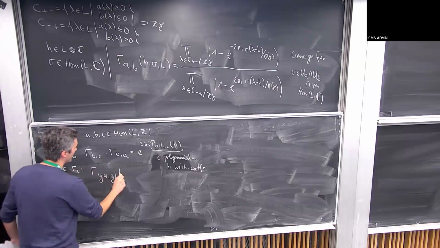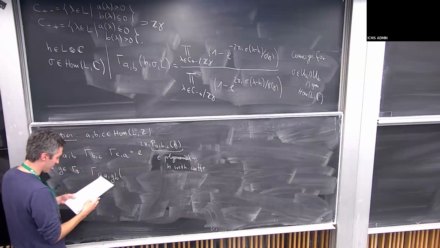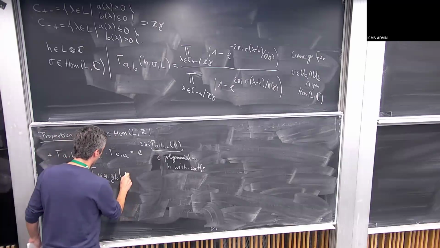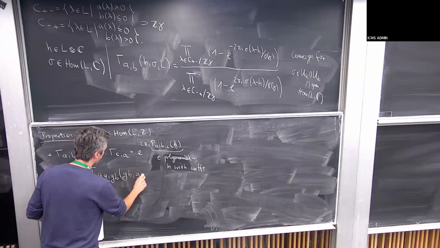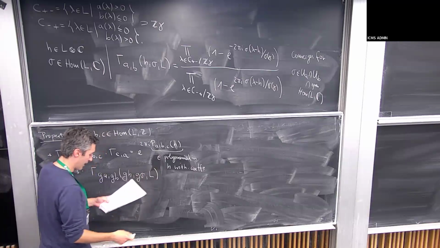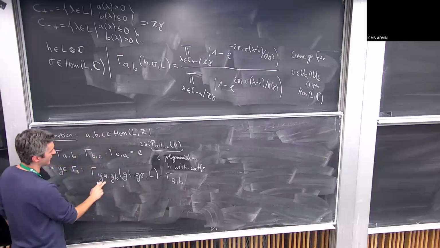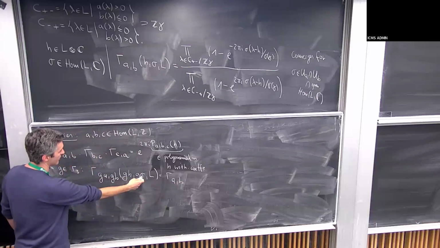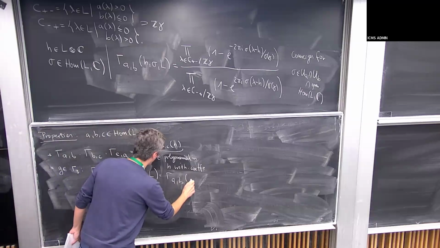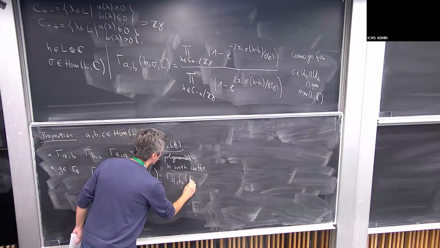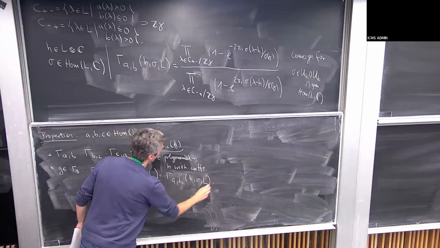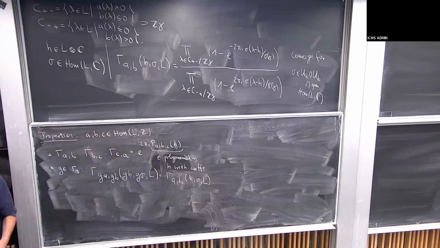This was also mentioned briefly by Pierre in his slides. I can act on these functionals A and B, and there are also natural actions on sigma and H. If I act on all of them, then it stays invariant. So those are the two main properties.